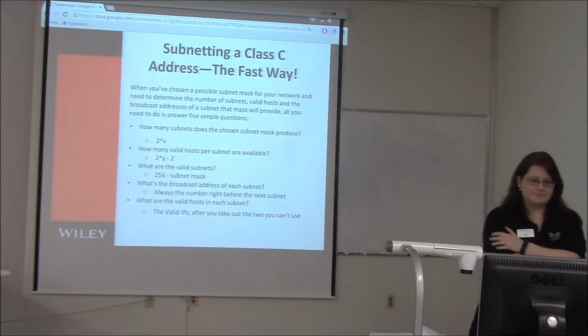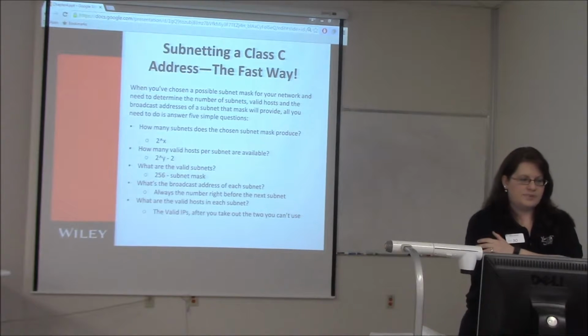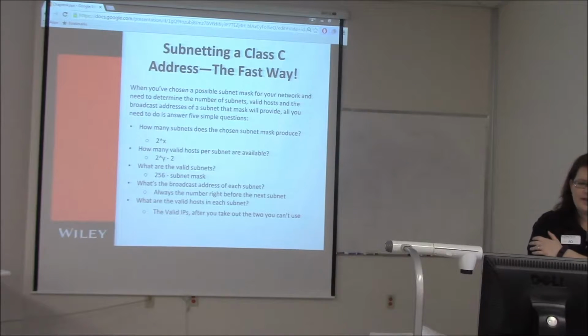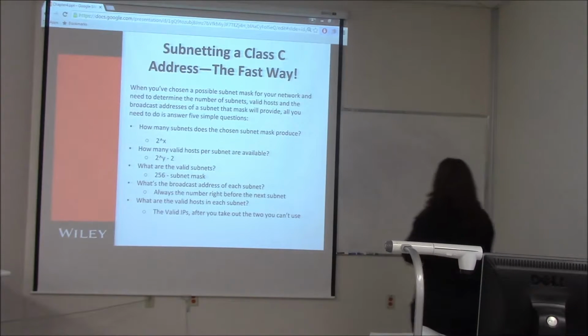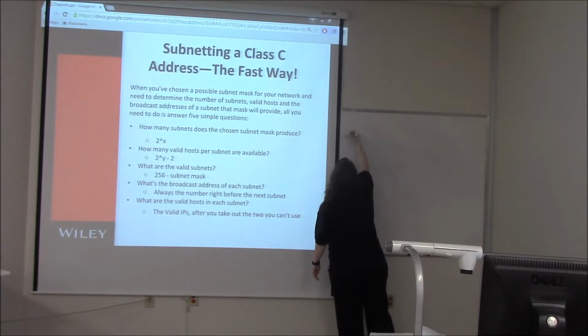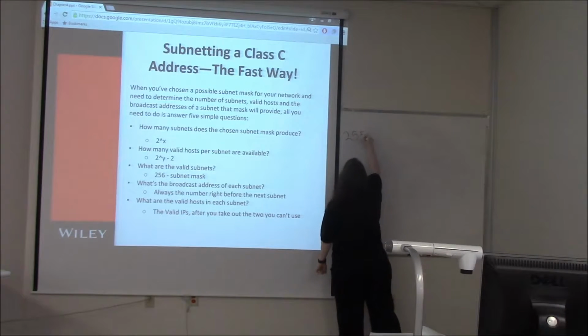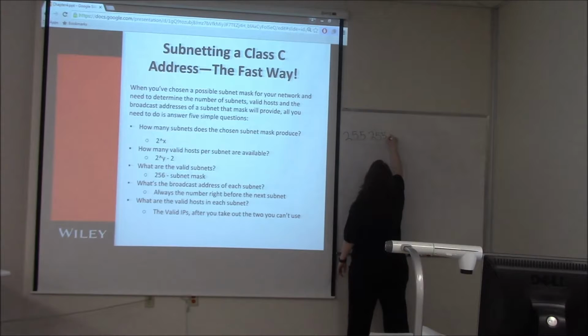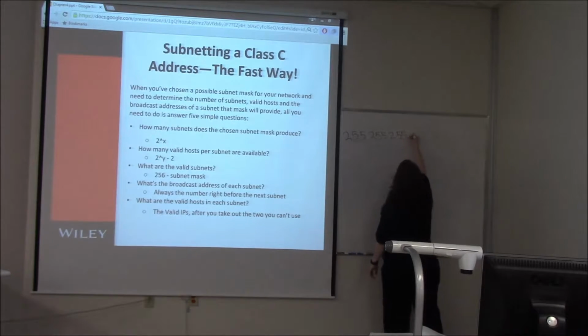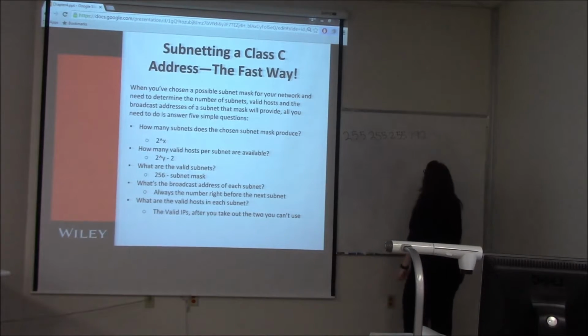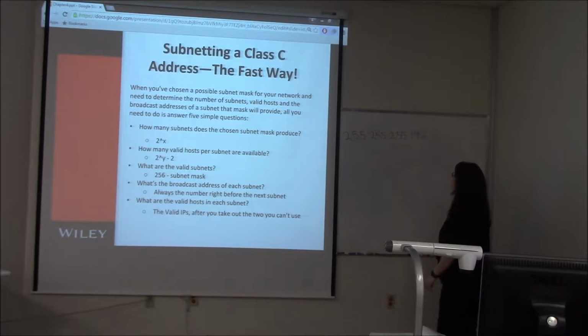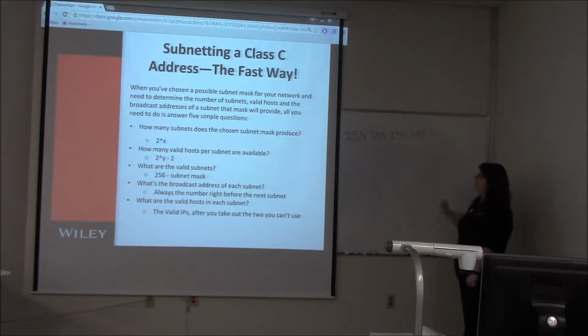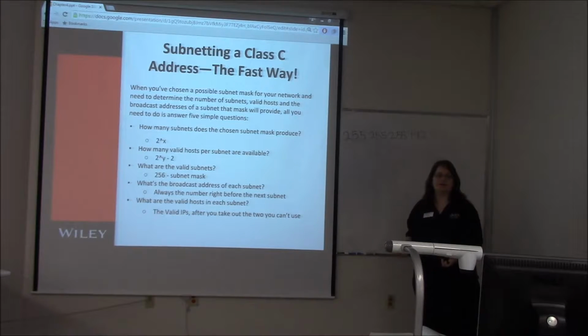This is what it's all about. Let's say this is my subnet mask, 255.255.255.192. If I want to figure out what that 192 means for me when I subnet, what numbers do I get based on that subnet mask?